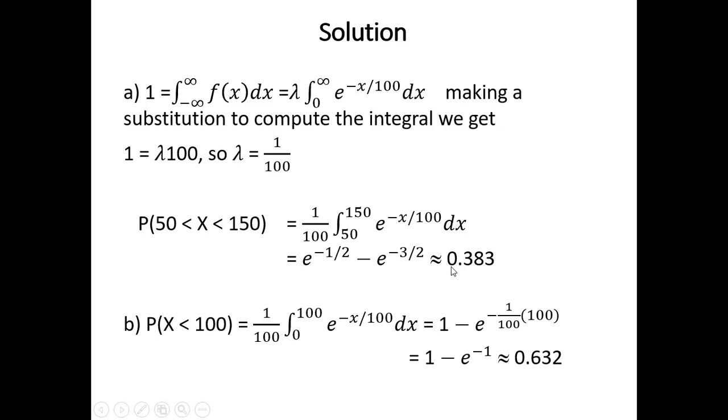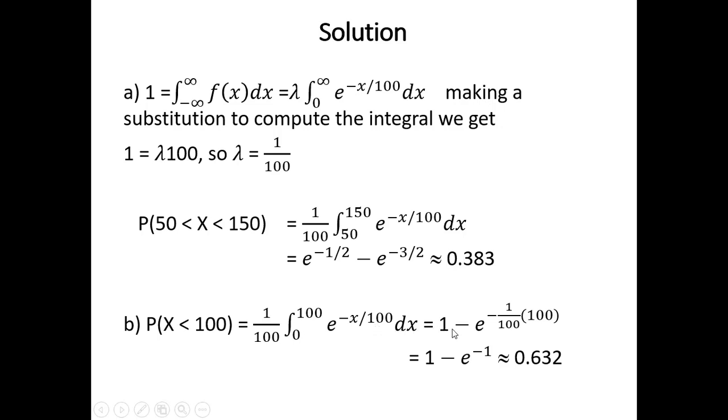Okay. For part B, we want the probability x is less than 100. So we could put in from 0 to 100 as our limits of integration. But again, here's an integral. So much easier to just use the CDF.